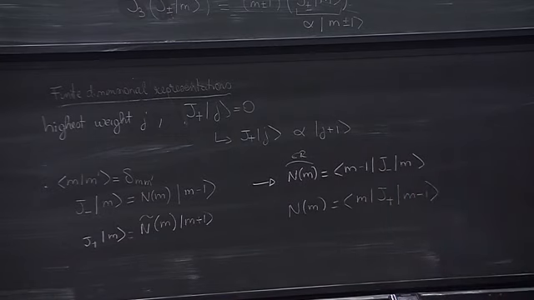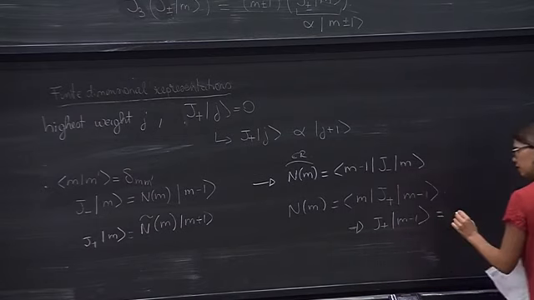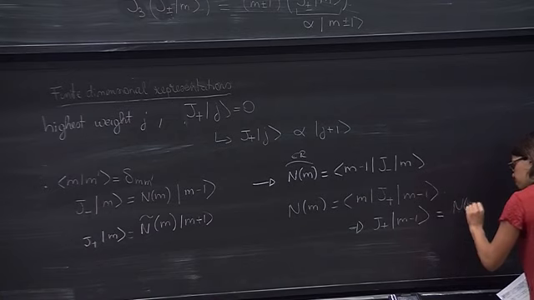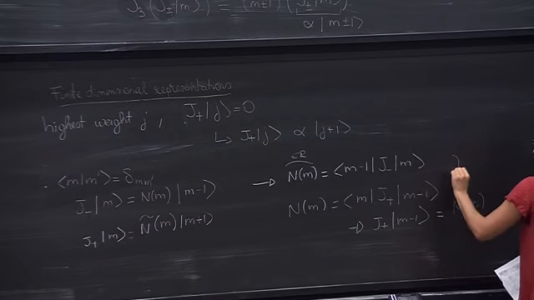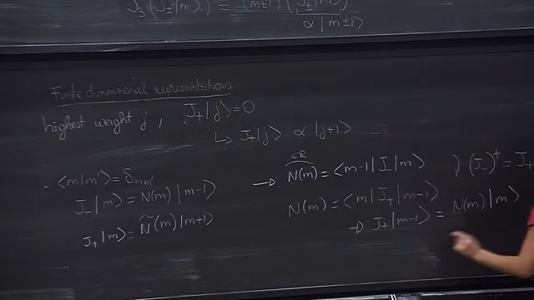so from this you can deduce that the action of j plus on m minus 1, since you have the matrix element here, is... so here we use the fact that j minus dagger is equal to j plus, okay? And so what does it mean?